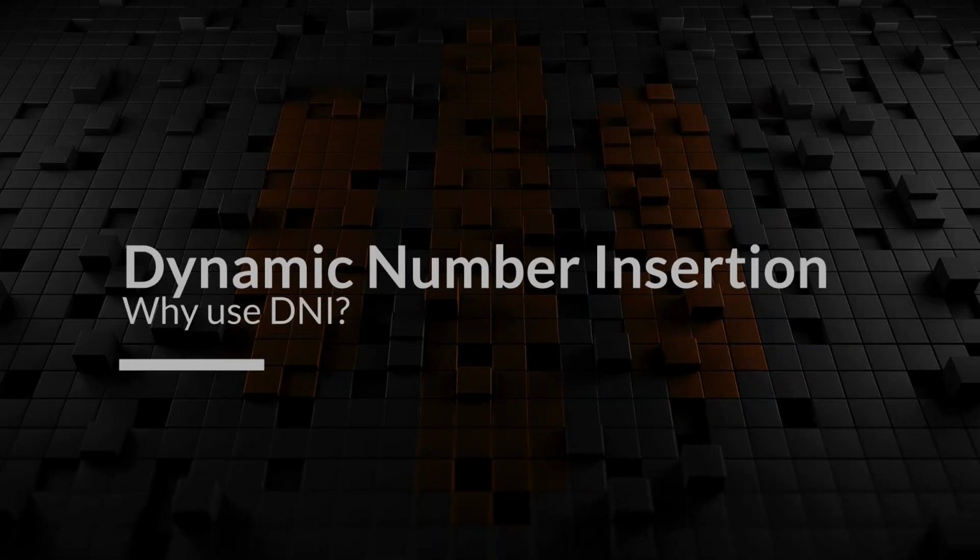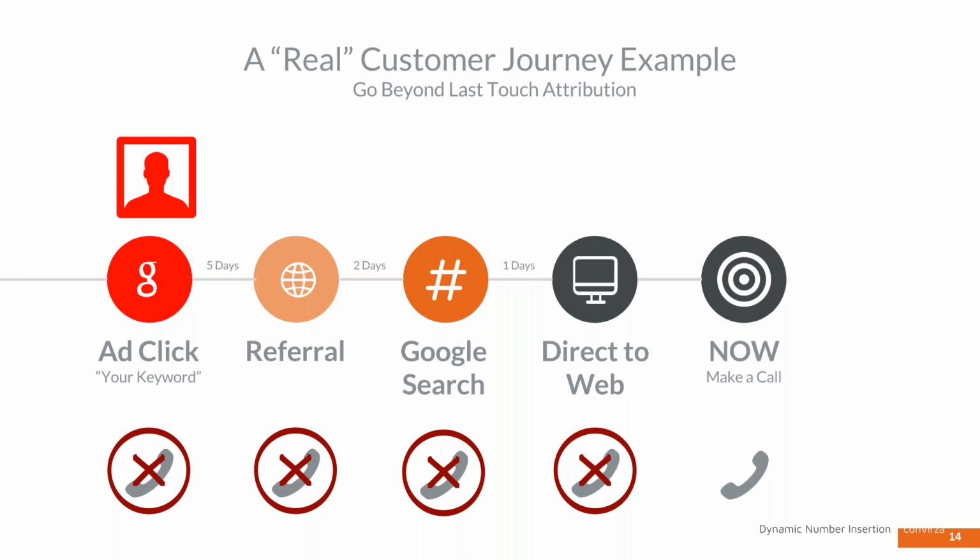So why use dynamic number insertion? Well, the main reason to use it is to solve this attribution dilemma. We often hear, okay, we know that they're going through multiple different steps or different touch points along the way before they make the call. So we want to know not just the first touch.